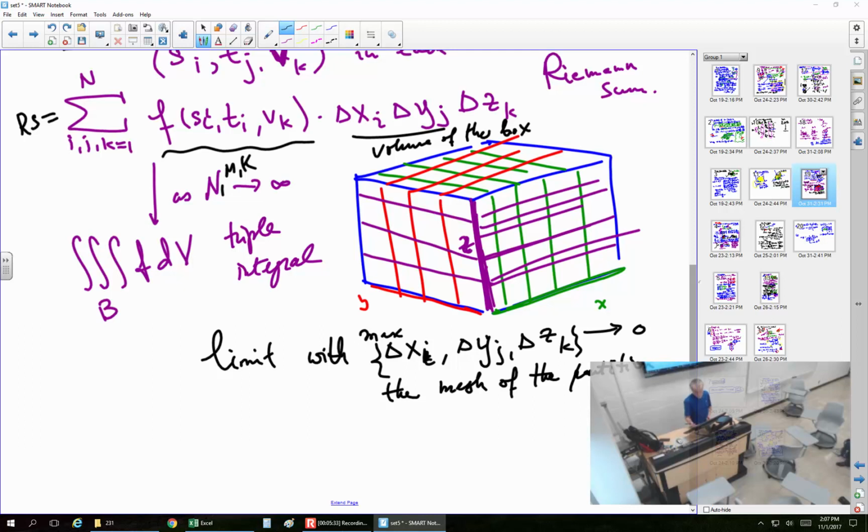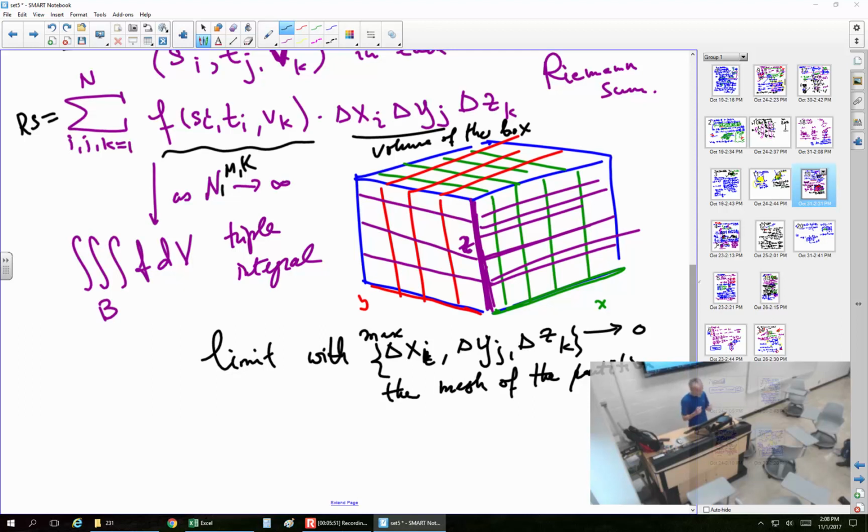You can define it in a number of ways, either the maximum dimension of those little boxes, or you can take the diagonal. It doesn't make any difference whatsoever. The point is they are getting smaller and smaller in all three dimensions, and that's how you accomplish this simultaneously.